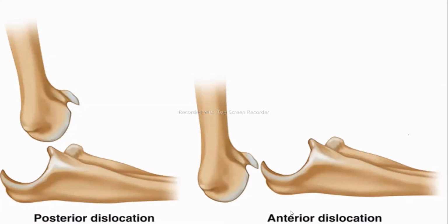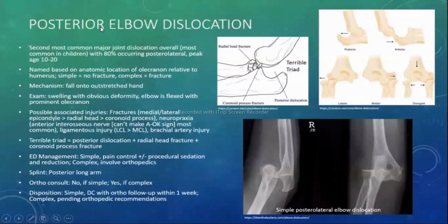So, like any joint, they can ask you about the examination, about the reduction, how to reduce, how to examine, and also the injury. For the injury here, be familiar with the artery and the nerve. Posterior elbow dislocation is the second most common major joint dislocation, that's why it's very common in the exam.